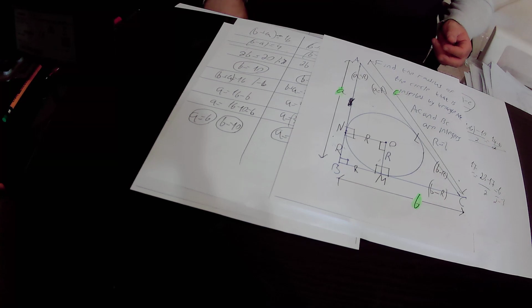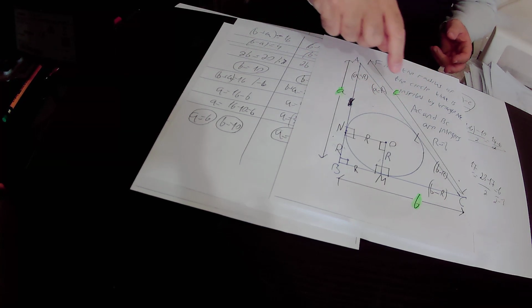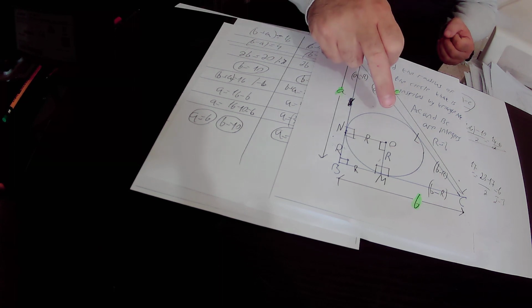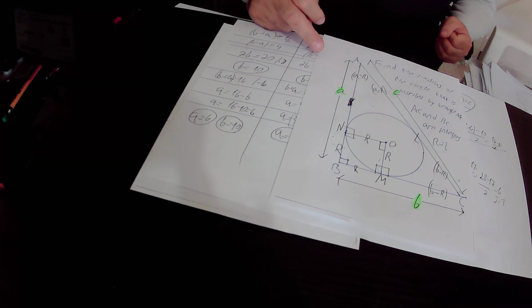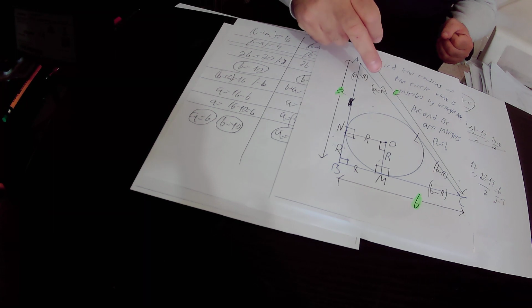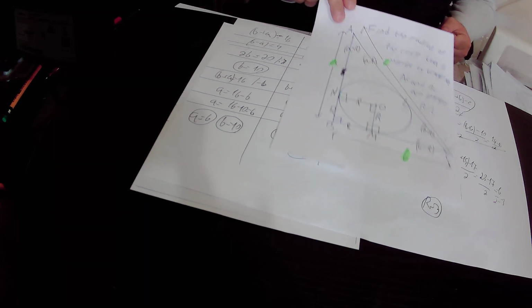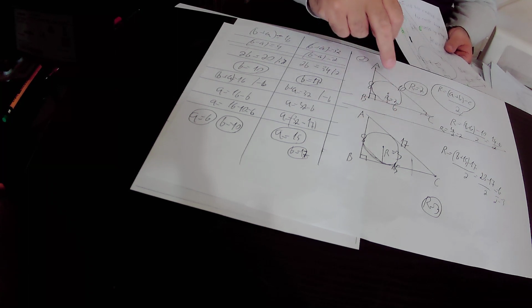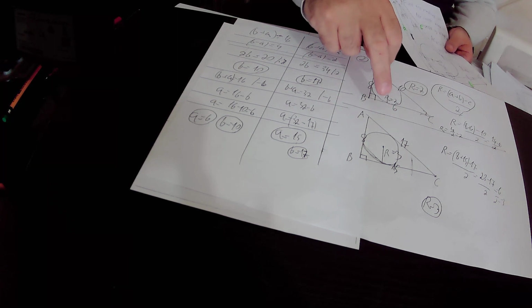So we will find the radius of this circle that is inscribed in this right triangle, triangle ABC, that could be any right triangle, and by finding the radius of this circle, we can implement this formula in order to find the radii of those two circles that are inscribed in those two right triangles.